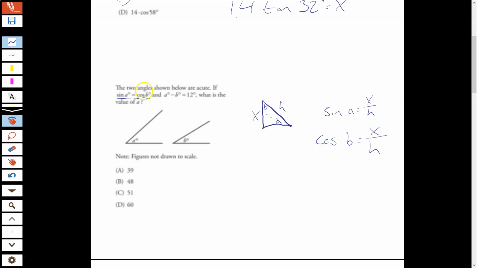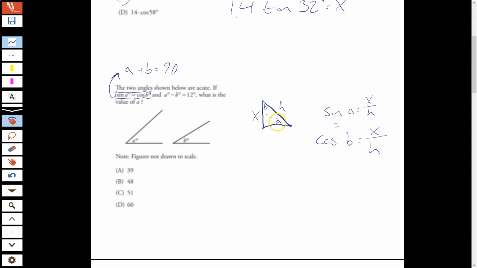Right? So what this really means, and this is always true if sine of an angle is equal to the cosine of a different angle, this means that A plus B has to be 90 degrees.